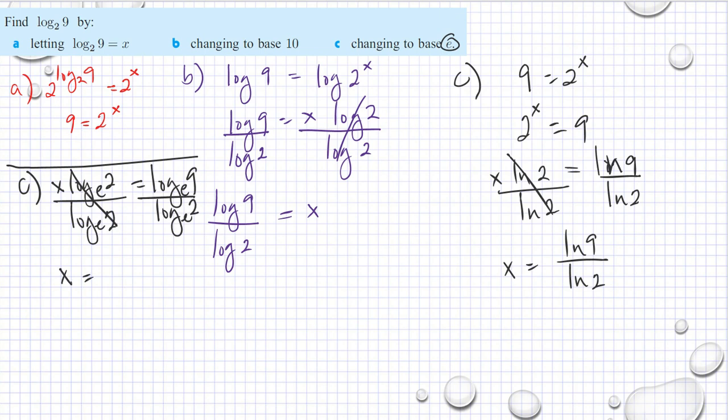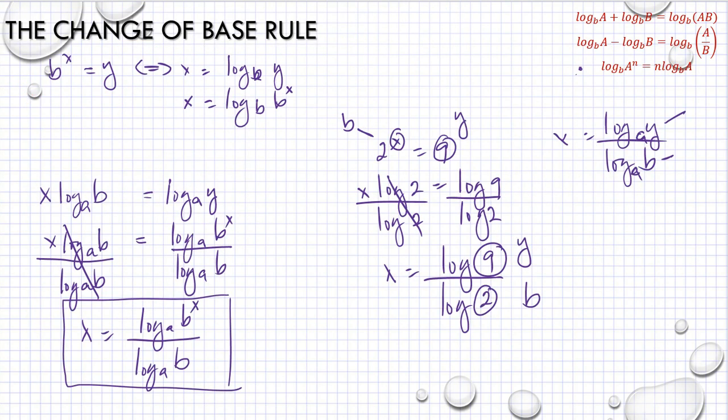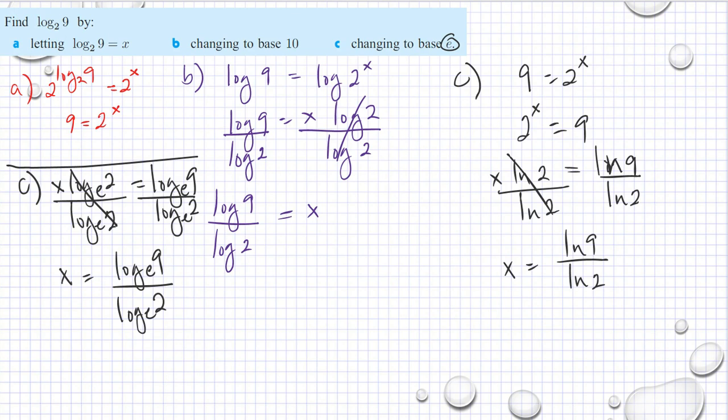Then x is equal to logarithm of 9 with the base e divided by logarithm of 2 with the base e. If I go back once again to the definition, we have the same base there. This is your y, this is your b. You can answer that with the base e, but we don't usually do that. That is ln of 9 divided by ln of 2.